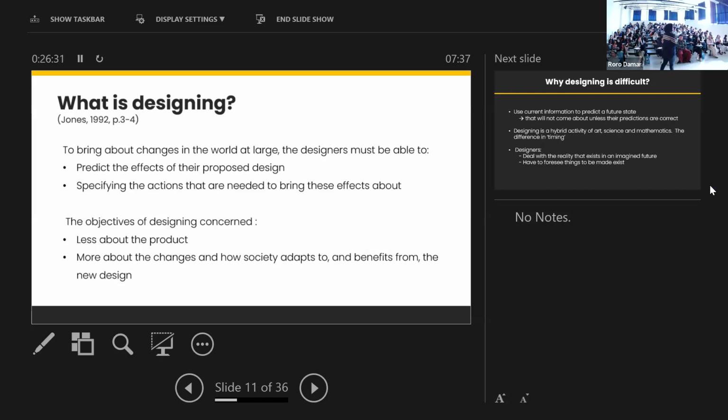The objective of design is concerned less with the product and more with the change, and how society adapts to and benefits from the new design. So this is actually for society, less about the product. It means you are not going to be like a Frank Gehry who just built something extraordinary and that's it. You need to be responsible for the effect of the building.